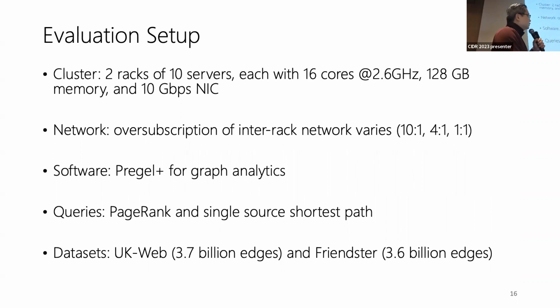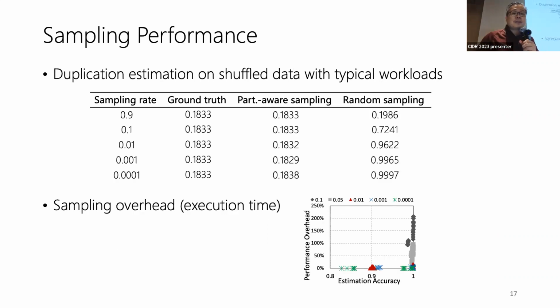If you have 10:1, that means there's a lot more demand on the higher level switches in terms of bandwidth, versus 1:1 on the other extreme, which means the network is relatively underutilized. We focus on graph analytics because it's a challenging workload, and we look at PageRank and single source shortest paths and evaluate it on two types of data sets.